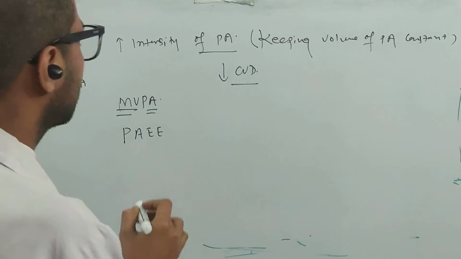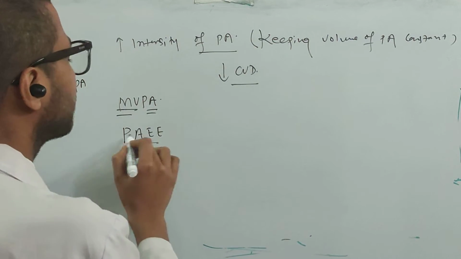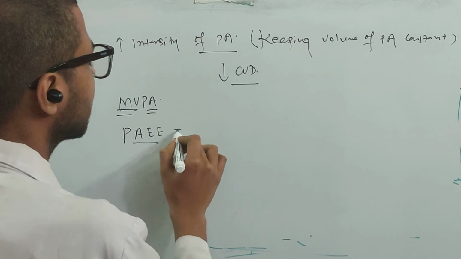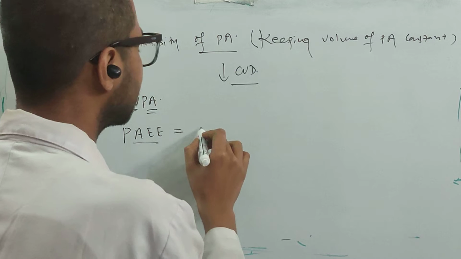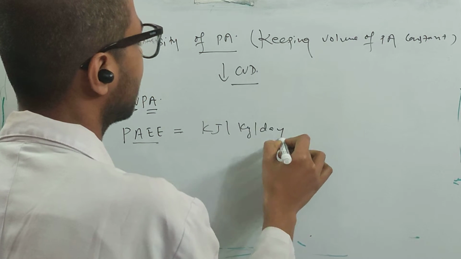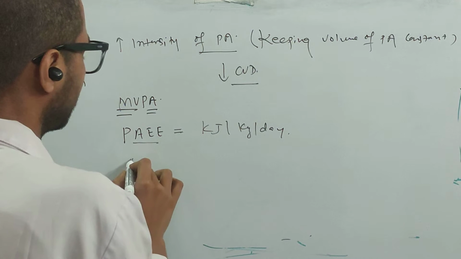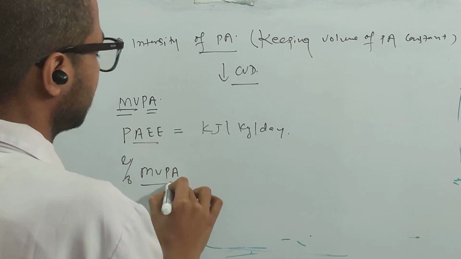So you will have an easier time reading it if you go through it again. Physical activity energy expenditure is the total energy expenditure, expressed in kilojoules per kg per day. Another terminology is the percentage of moderate to vigorous intensity physical activity.